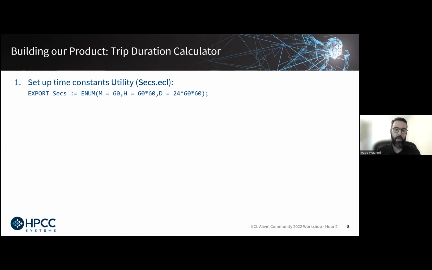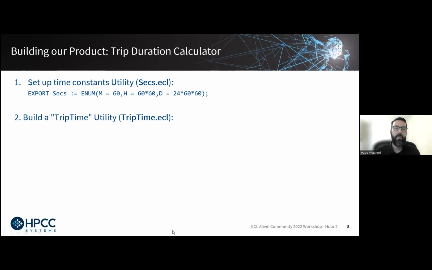The enum function removes the requirement of magic numbers or hard-coded values, for instance, 60 seconds or 3,600 seconds contained within an hour. So those hard-coded values will not be required in our code, and that improves code readability and maintainability as well.